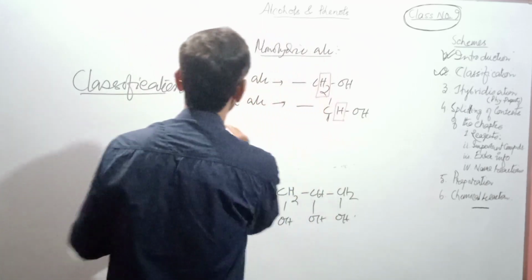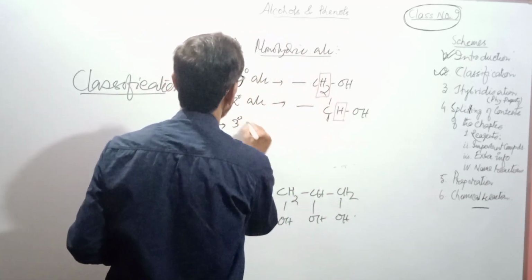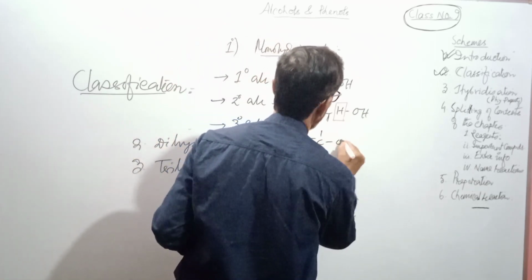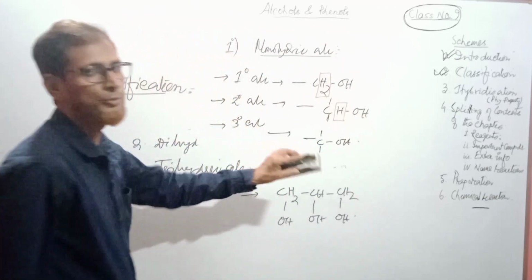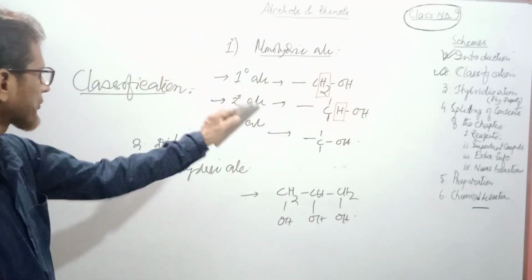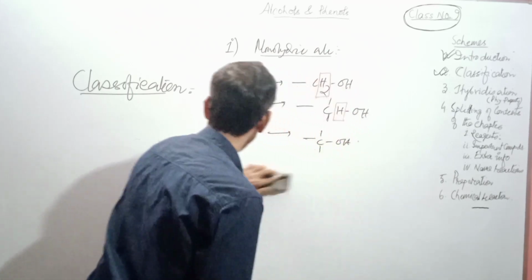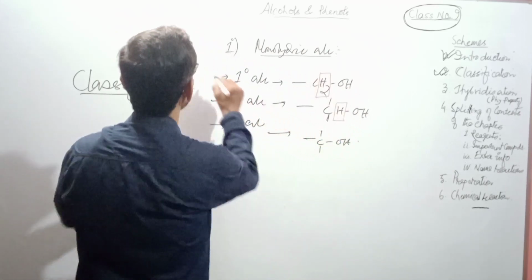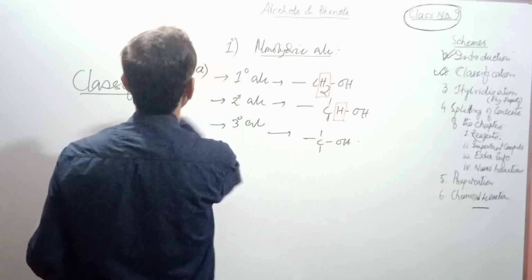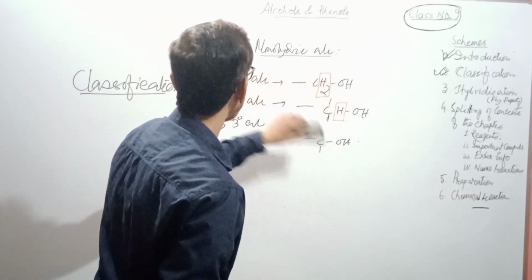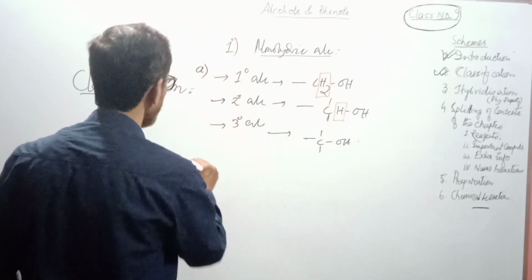And if OH is attached to the carbon which has no hydrogen at all, it is called 3 degree. Very simple: 1 degree, 2 degree, 3 degree.